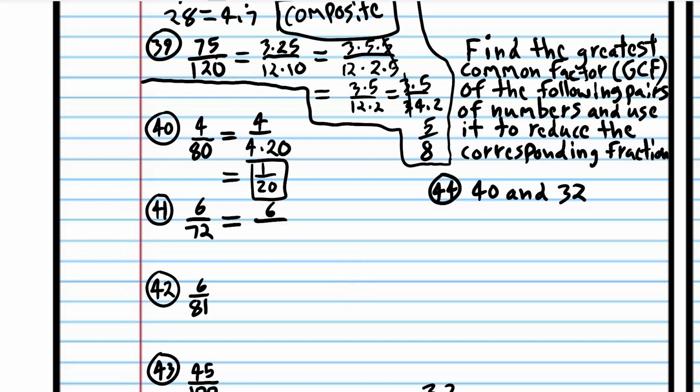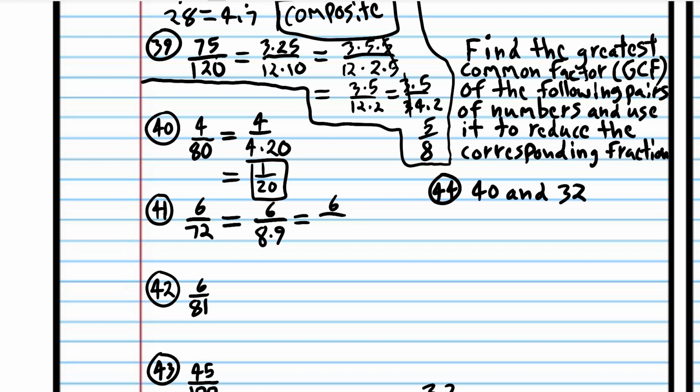So now we're back. I know that 72 is 8 times 9, but we don't have any common factors yet. So now we're going to do something that I haven't really talked about. You can always recombine the numbers. If you factor and you don't find any common factors, you might be able to recombine the numbers.